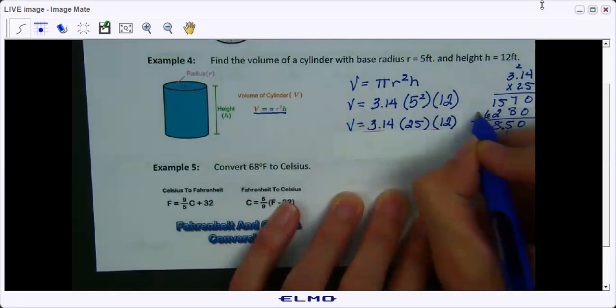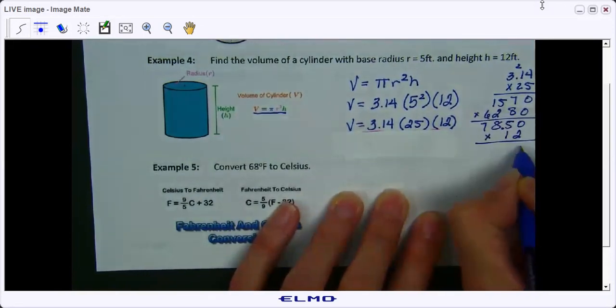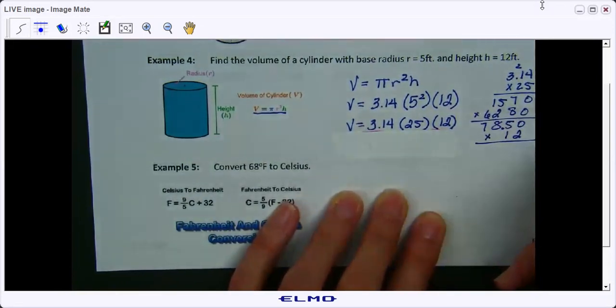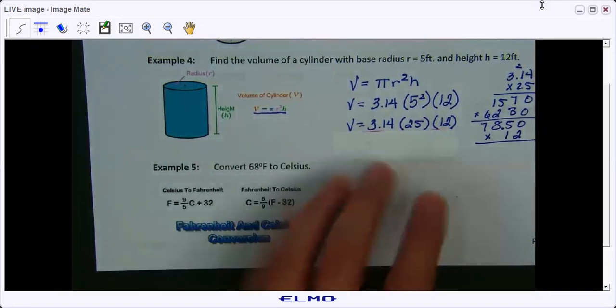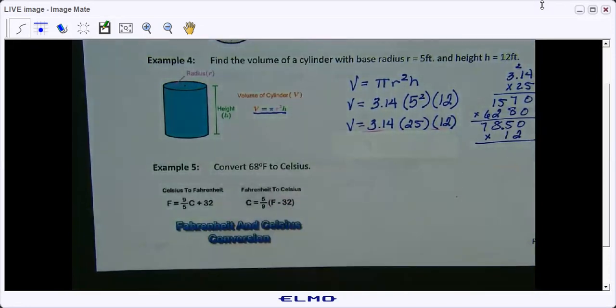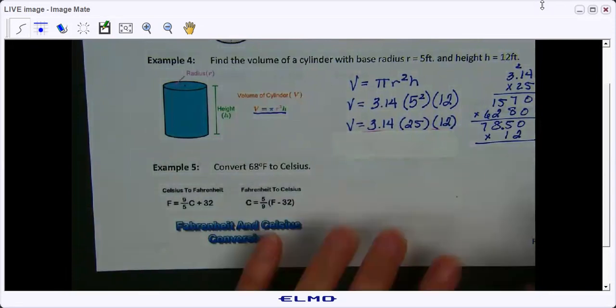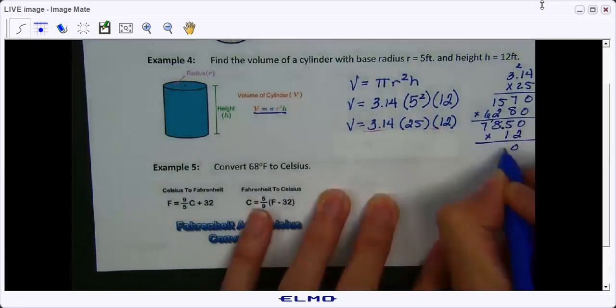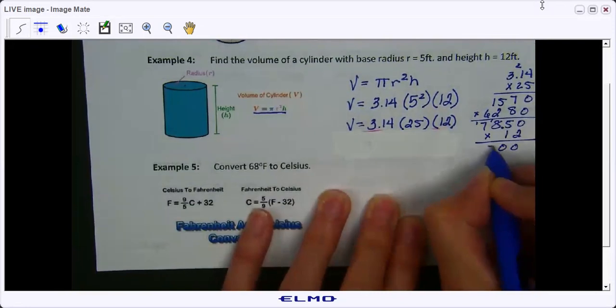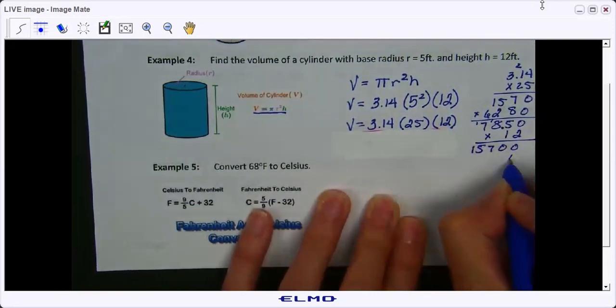Oof. Why didn't you just multiply the 12 and the 25? That's fine. So that comes out to 300, and then you can just do 300. Yeah, so good point. Remember, commutative property, multiply it any way you want. So that would have been a simpler way to do it. Okay, so let's see, 0, 15.